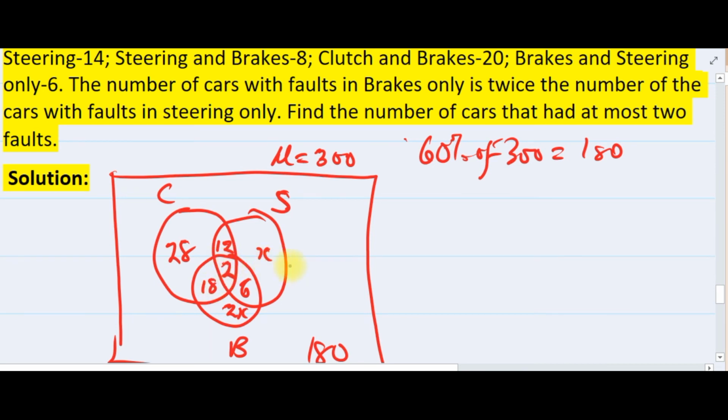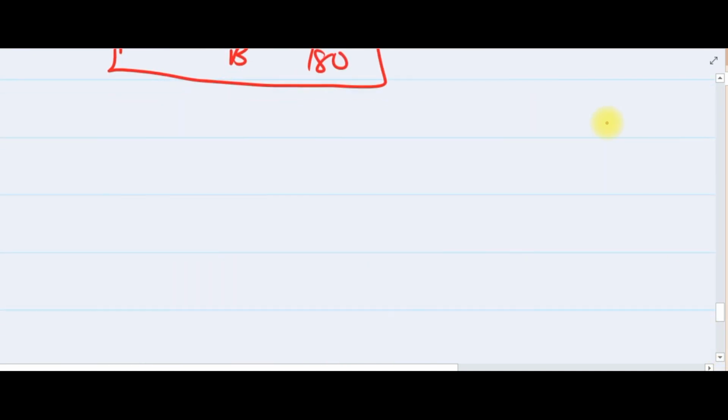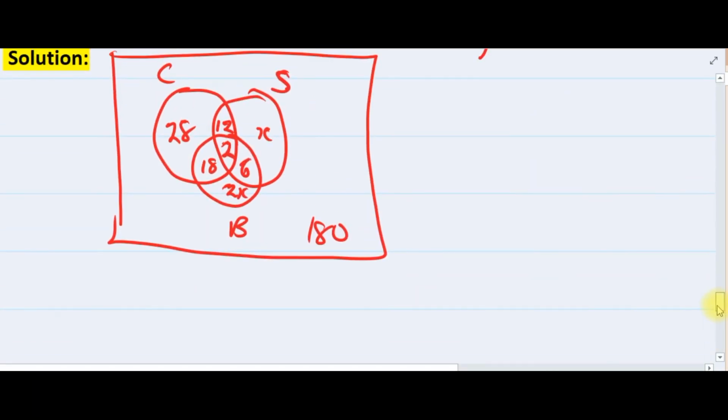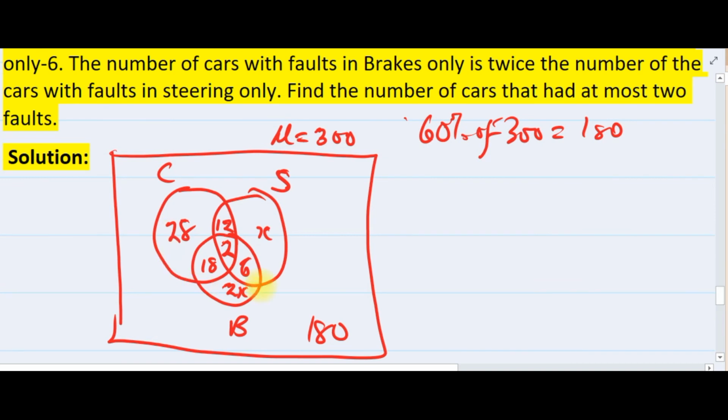So let's find the value of X, the unknown, using the information. We know that 180 is the one that has no fault, so the remaining here must sum to 120. So we are saying that 28 plus 12 plus X plus 18 plus 2 plus 6 plus 2x must give us 120.